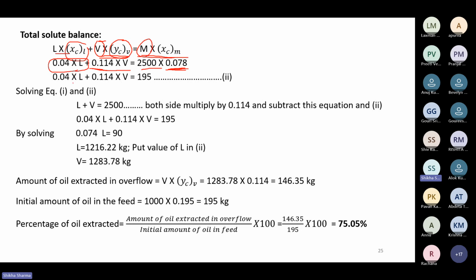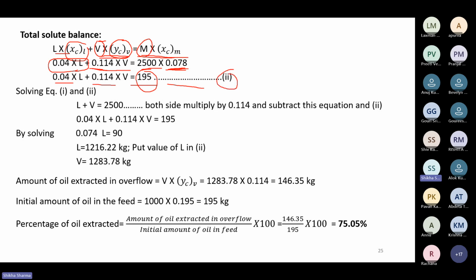We can simplify it: 0.04 L plus 0.114 V equals 2500 times 0.078, which is 195. So this is our equation 2.